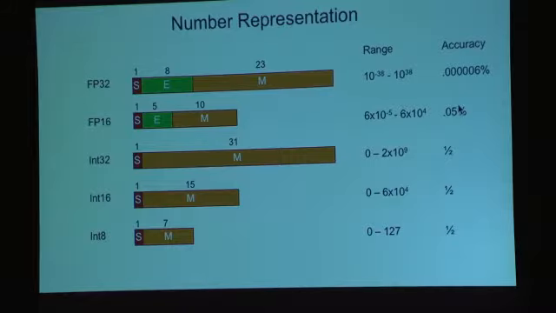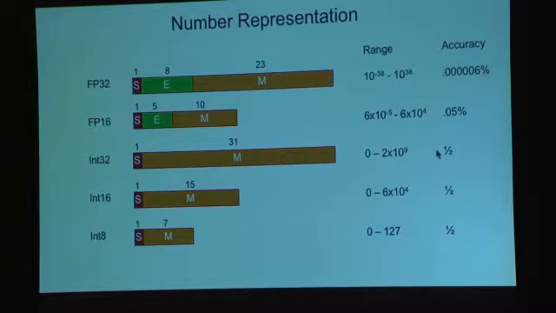So I wind up with, whatever this is, 6 millionths of a percent error in a floating point number, whether I'm trying to represent 10 to the minus 30 or 10 to the 30th. The size of my error scales. It always winds up being 60 parts per billion. Similarly, I have 5/100ths of a percent error with a 16-bit floating point number, regardless of where I am in that range.